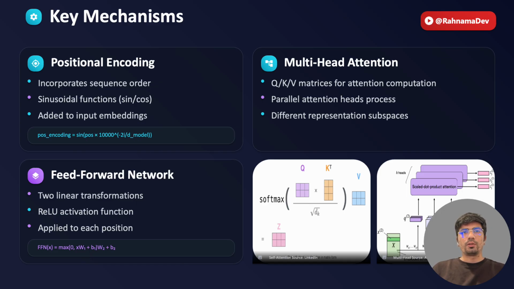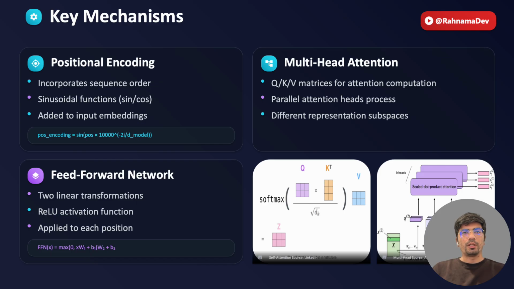That's where positional encoding comes in. We add a special encoding to each embedding that tells the model its position in the sequence. The encoding uses sine and cosine functions of different frequencies. There are some formulas for positional encoding; you can find them online.